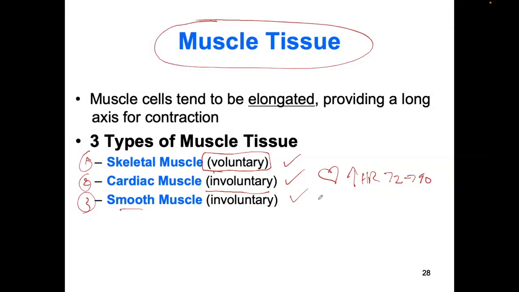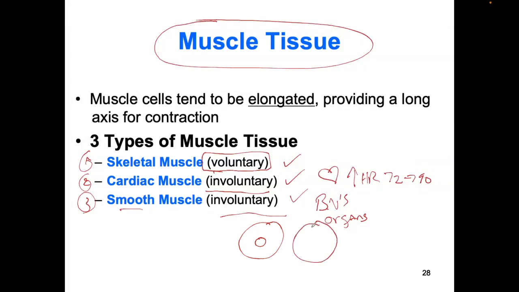Smooth muscle is found around blood vessels, and it's found around organs, and it's involuntary. When I think of a woman's uterus, that's smooth muscle. When we think of the muscle of the stomach and the muscles of the intestines and the esophagus, these are involuntary muscles.